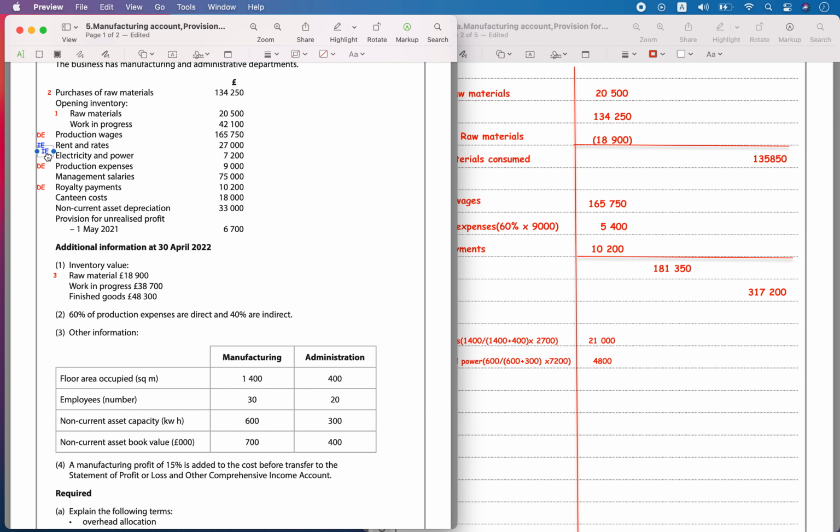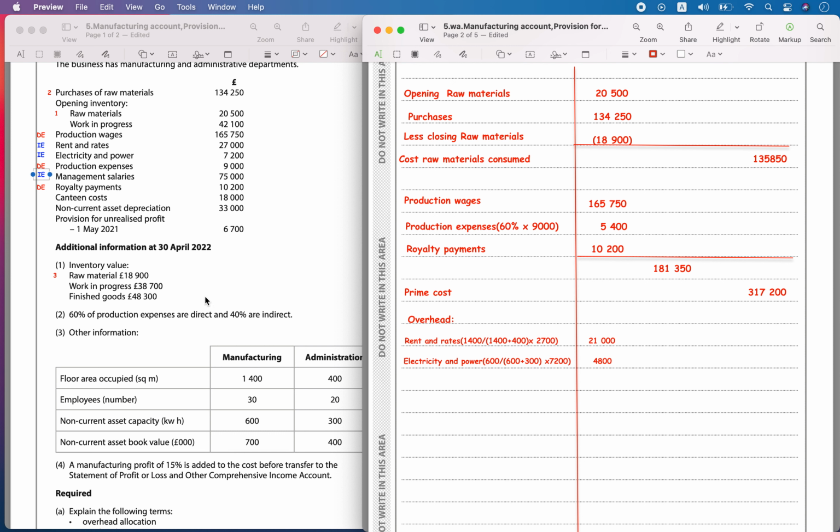Then we have management salaries. It's also an indirect expense, so management salaries have to be transferred. This is on the basis of the number of employees.